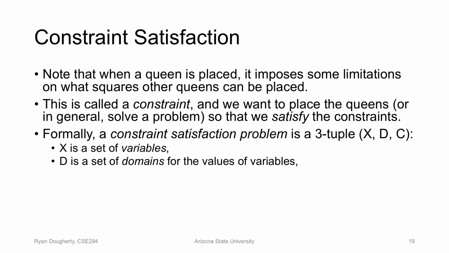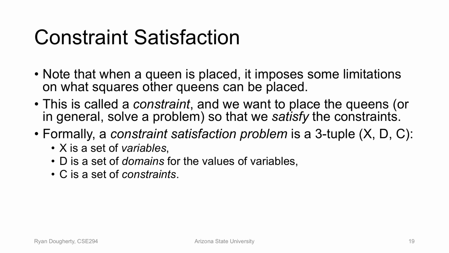So if we label each of the squares 1 through 64, the domain for each of the queens can be 1 through 64. Those are the places where I could possibly place each of the queens. And note here that the set of values for each of the variables could be different for each variable. But here it happens to be exactly the same.